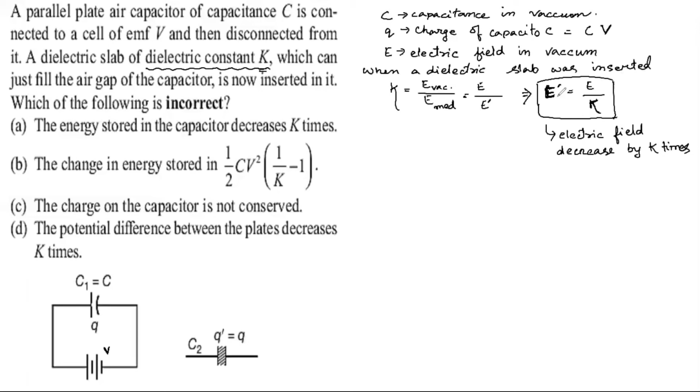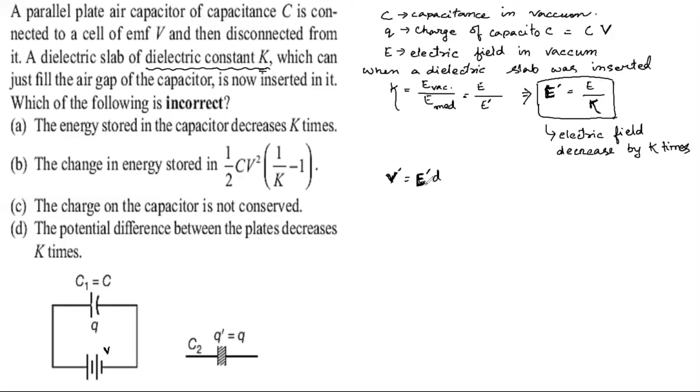Now since the electric field is decreasing, we should be able to find what the potential difference between the plates should be. Initially these metal plates had V as the potential difference in vacuum. When a dielectric slab was inserted, it becomes V dash, and V dash is nothing but E dash multiplied by d.